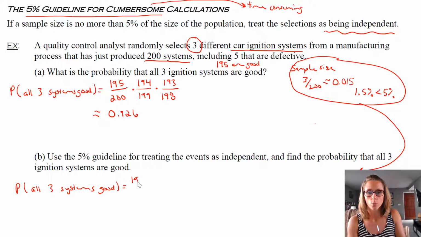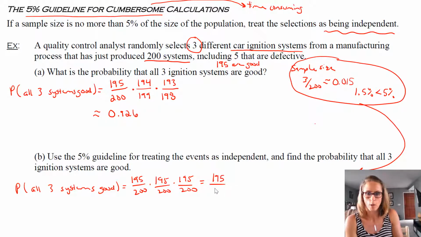So it means that we think of the first one as being good, we think of the second one as being good, and we think of the third one as being good without the idea that one is going away each time. That's what it means to treat as independent. And then for some of you, depending on what math you have, it probably looks familiar that you're taking a number and multiplying it by itself 3 times. And so that means that you take that number and cube it.